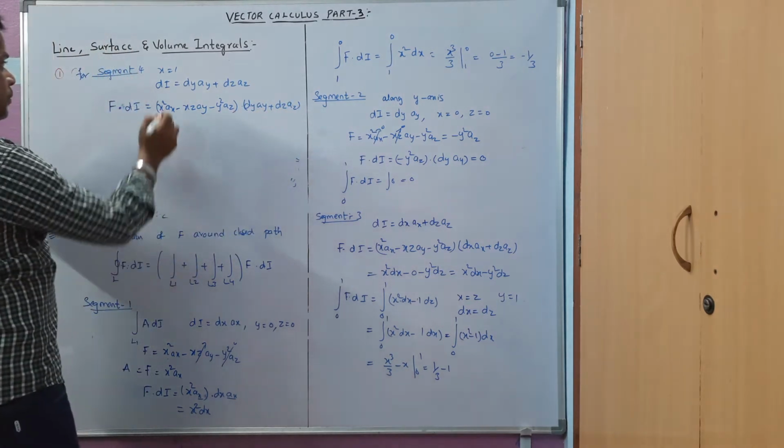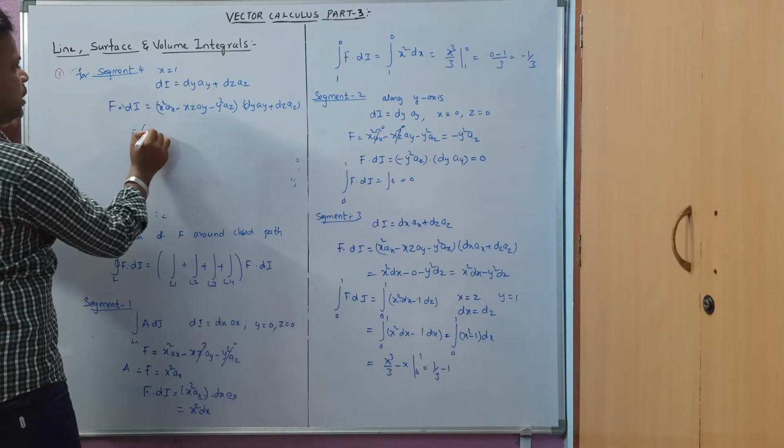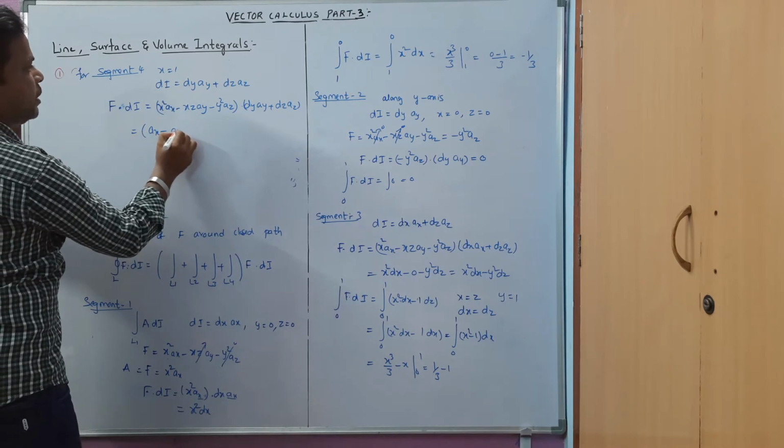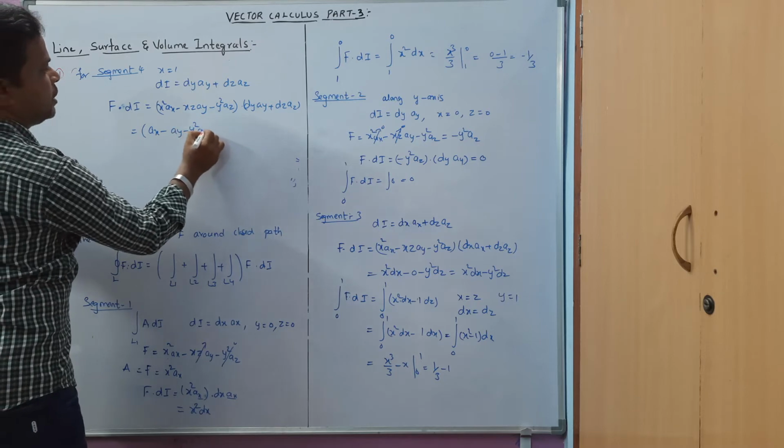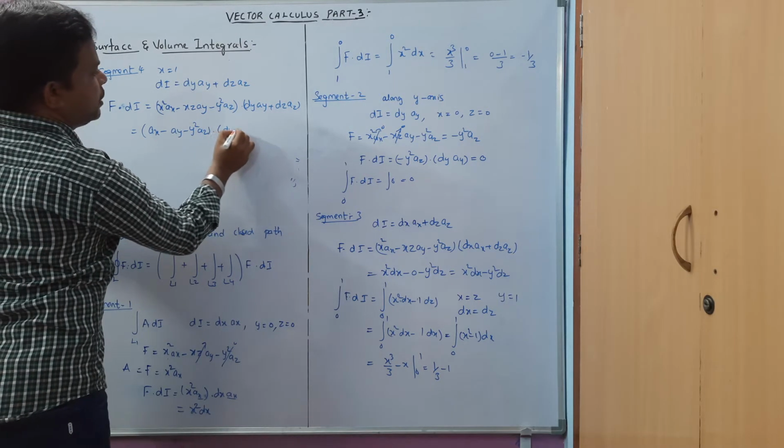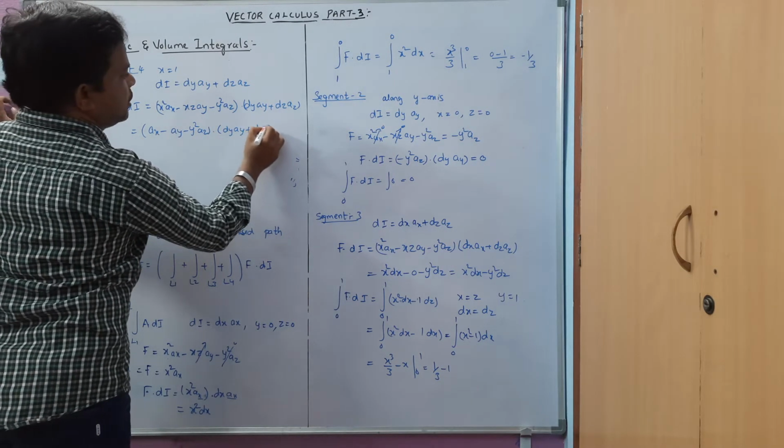Now we have to take x is equal to 1 here. What I get here is ax minus ay minus y square az dot dy ay plus dz az.